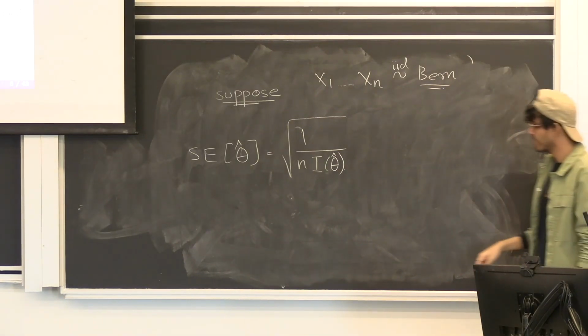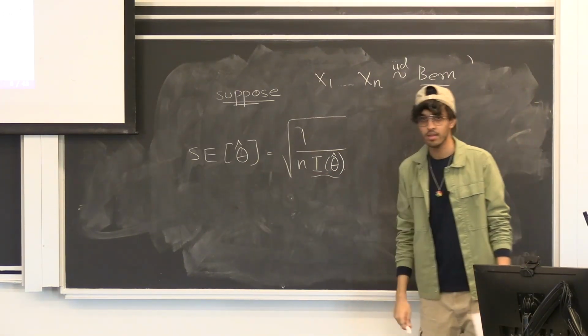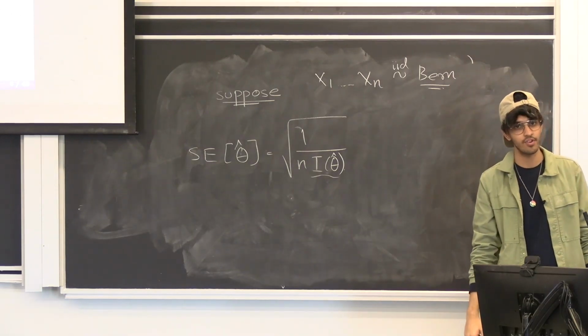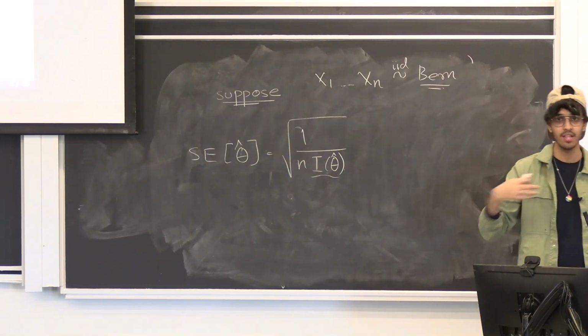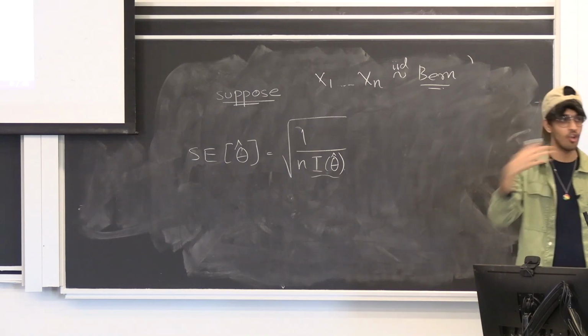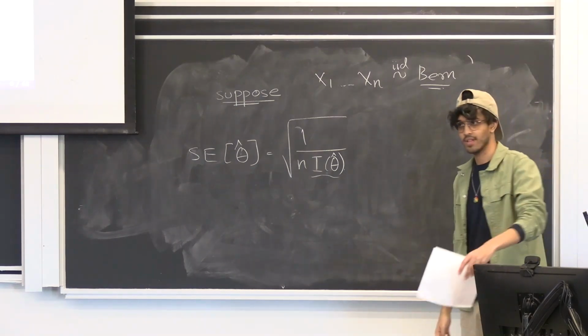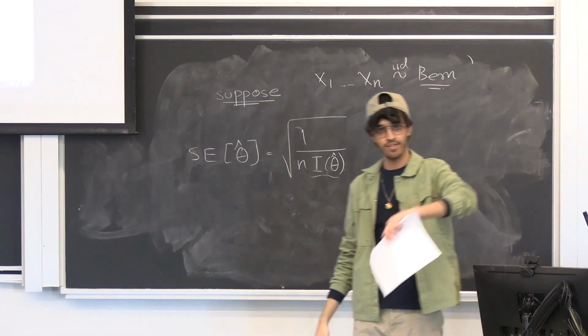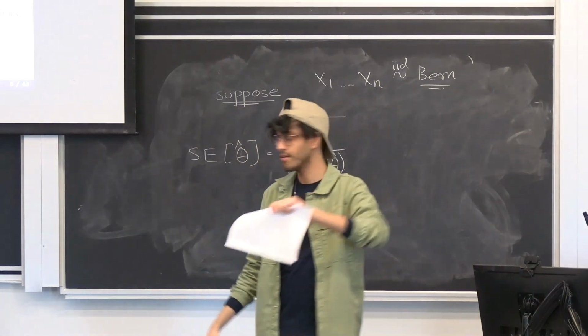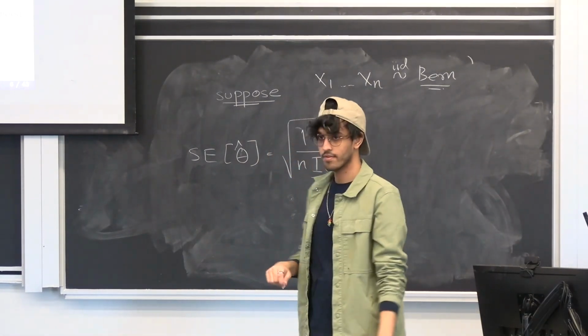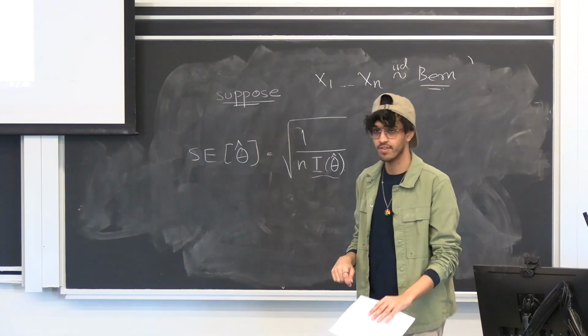To be able to do that, I first need the Fisher information. To get the Fisher information, I need the score. To get the score, I need the log likelihood. To get the log likelihood, I need the likelihood. So let's start there, with the likelihood of observing this Bernoulli sample.